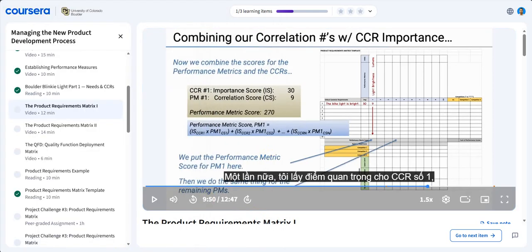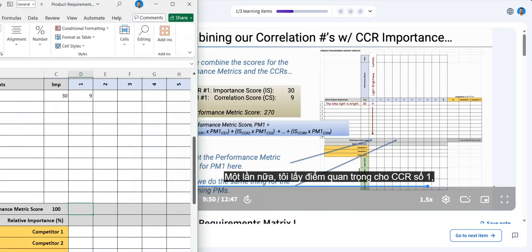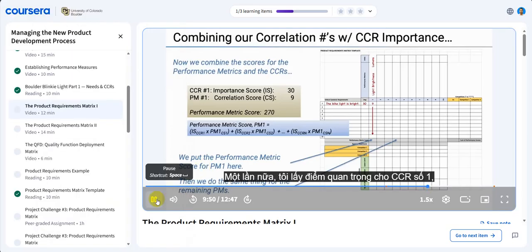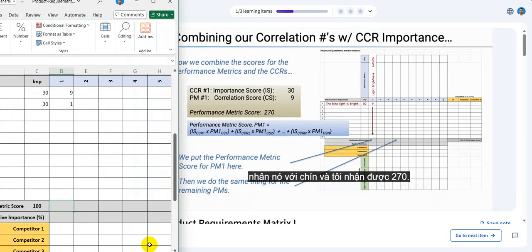Once again, I take the importance score for CCR number 1, multiply it times 9, and I get 270.